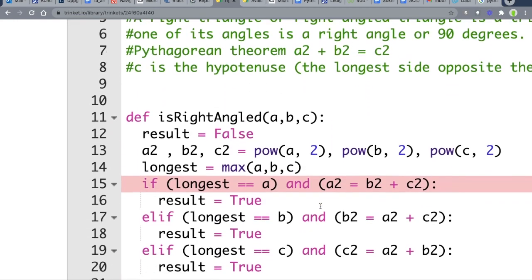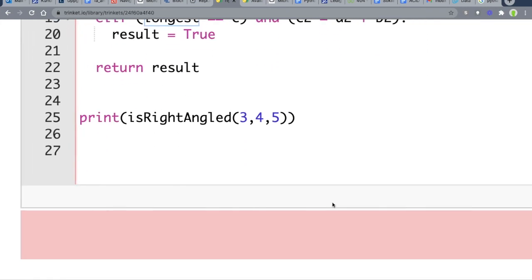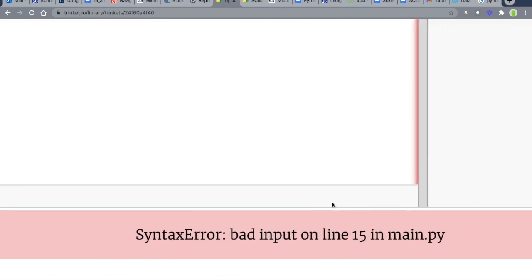Okay, let's see what was wrong here. Let's check what's the bad input on line 15.